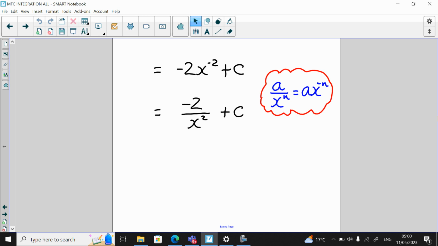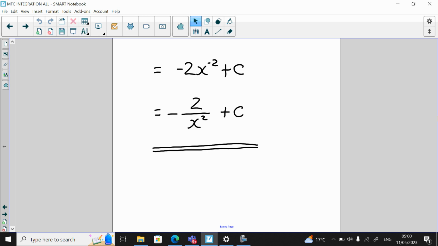Just bring that negative sign out the front. Okay. And that would be fine there. But what I'm saying here, both of these answers are acceptable. Usually we introduce positive powers because in the olden days it was easier to calculate powers that were positive.